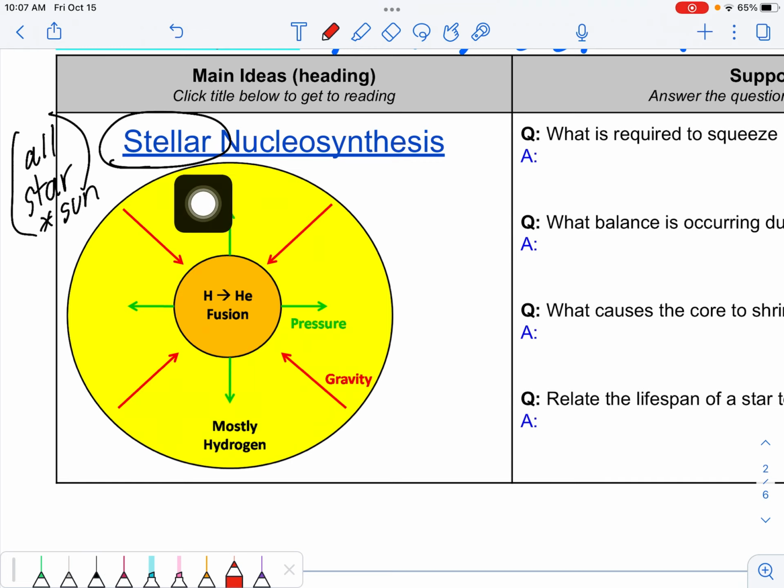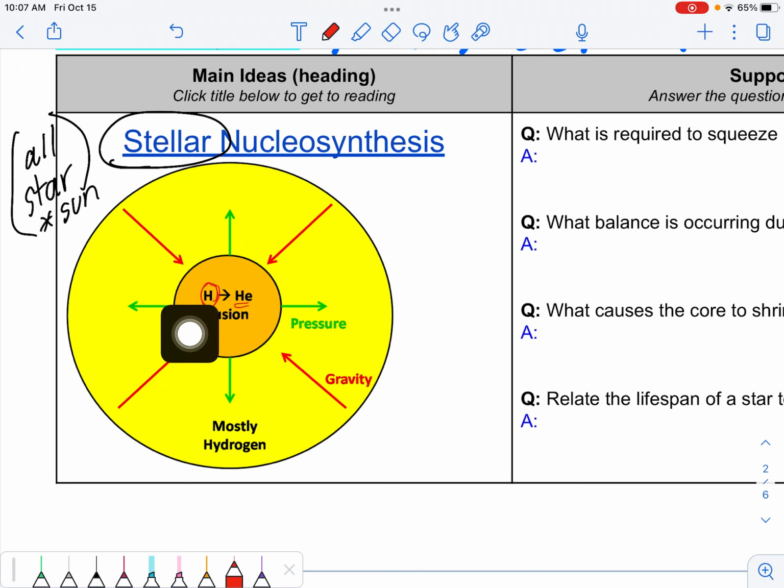What we're looking at here is a diagram of a star like our sun fusing hydrogen into helium all day, every day. You might remember we said the sun is 5 billion years old. It's been burning this fuel of hydrogen for that long.